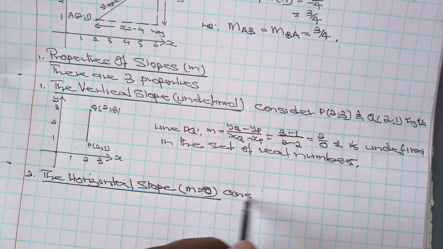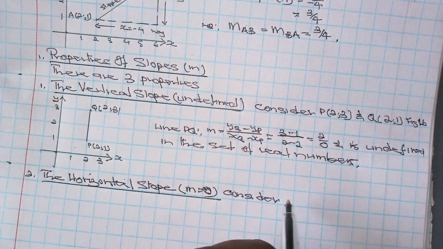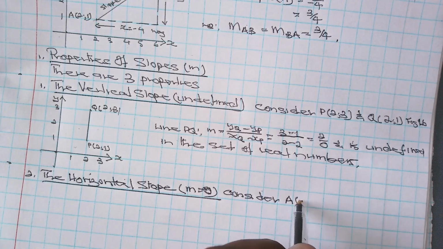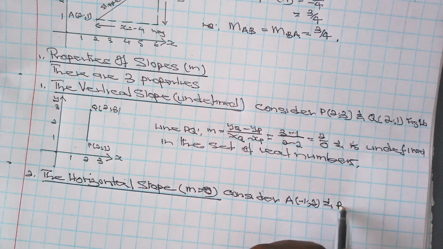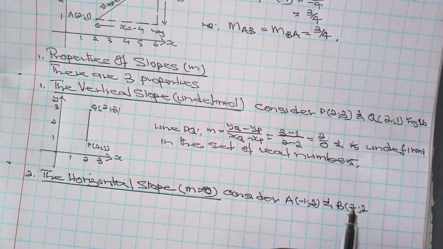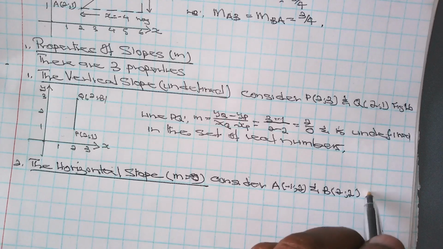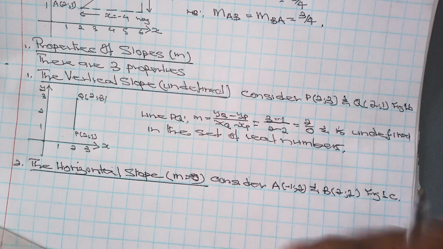Then consider A, negative 1 and 2, and B, 2 and 2 coordinates. Let's call this figure 1C. Figure 1C, then what do we have?